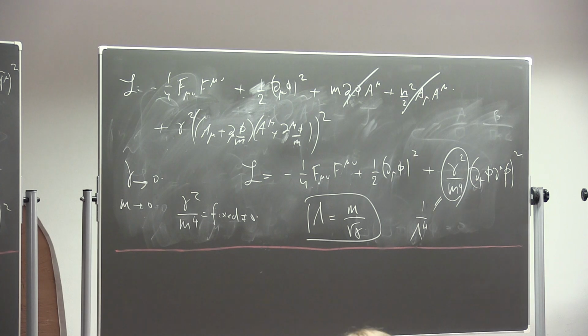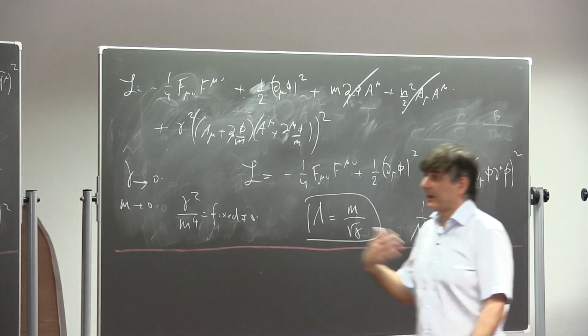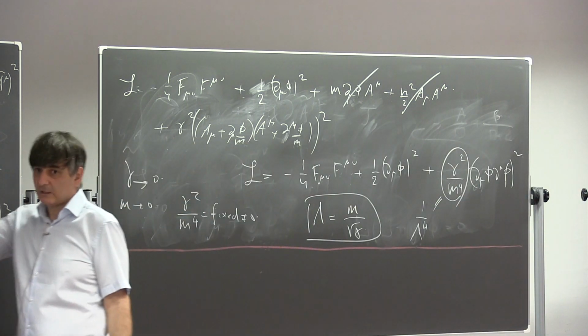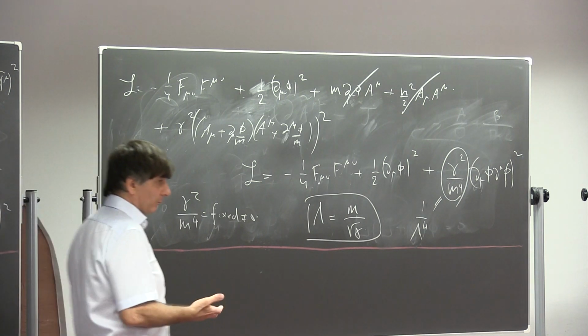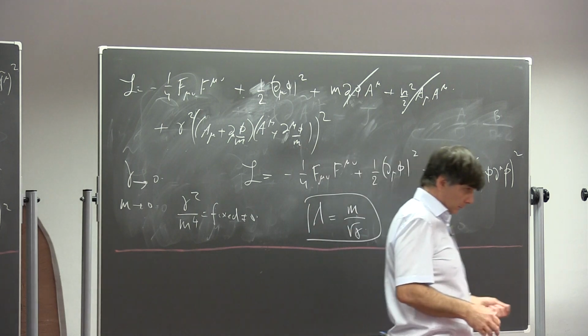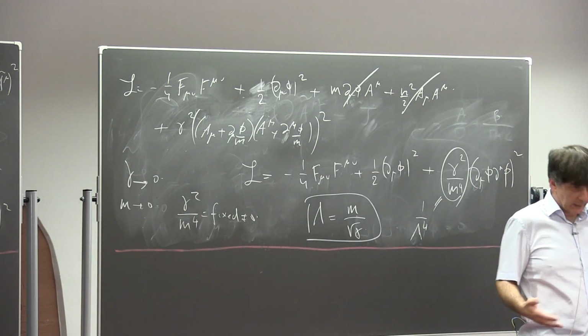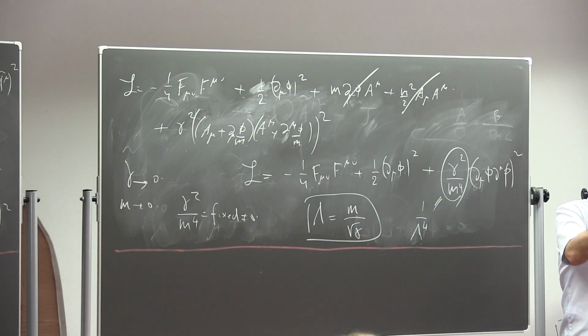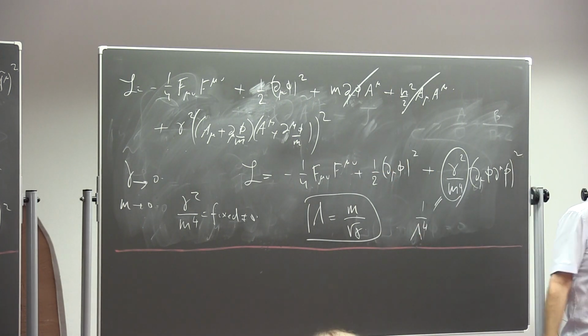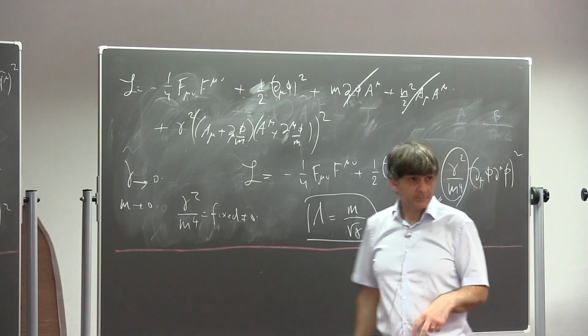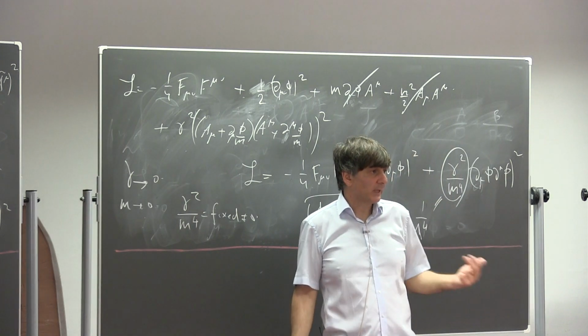So in other words, the question is, can we have an interacting theory of a massive gauge field, of a massive photon, which is a consistent interacting theory, UV complete? Of course, we can have an interacting theory at low energies, but UV complete. And that's precisely what the Higgs effect gives us. So that's a Higgs theory.